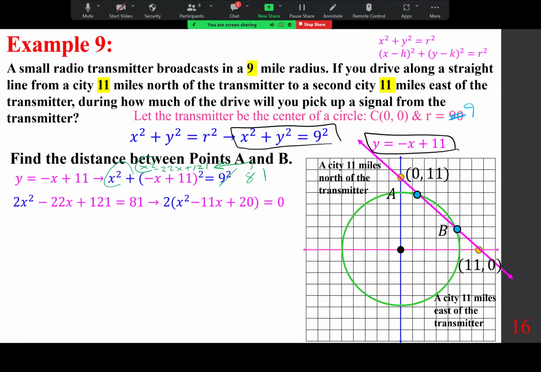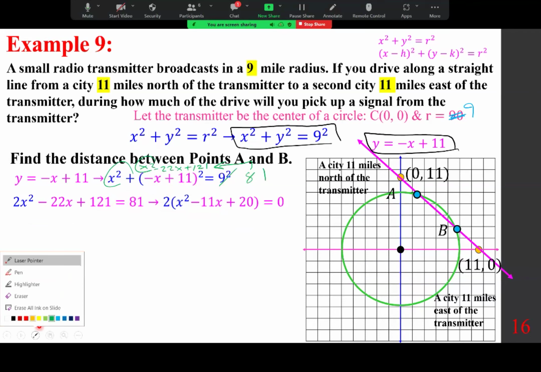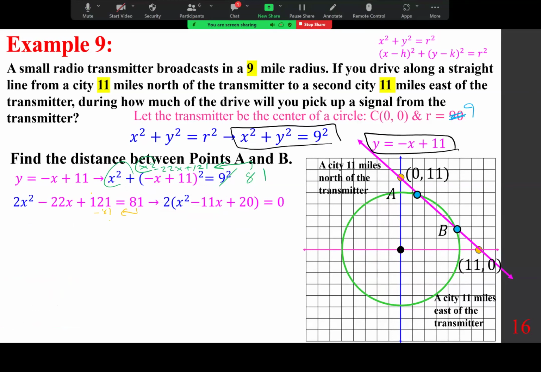Basically, you factor the 2. We have 2x squared minus 22x, we factor that, 2 times negative 11x. And when you subtract 81 from 121, you get 40, which is 2 times 20.